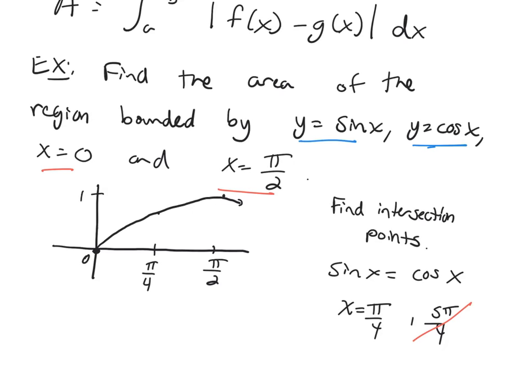And then there's more stuff there. So this is sine, I'm going to remember that. Cosine starts off at 1, and it's square root of 2 over 2 at pi over 4. At pi over 2, cosine is 0. So cosine looks like this.